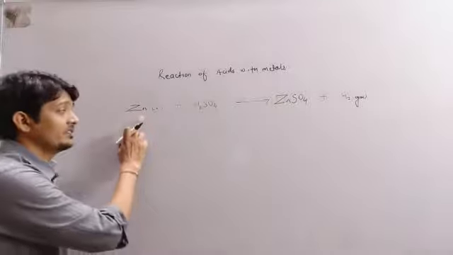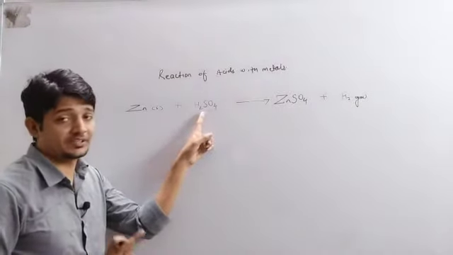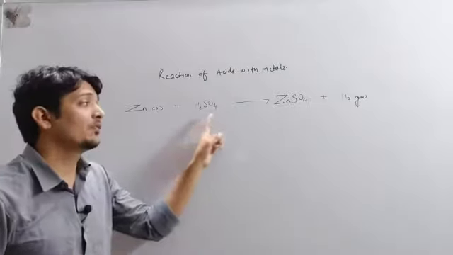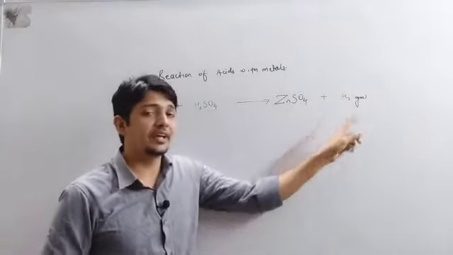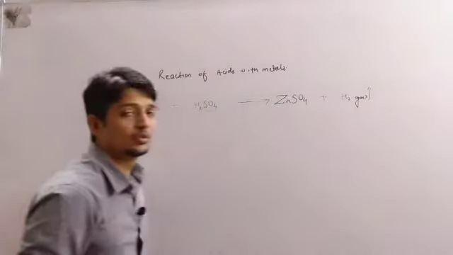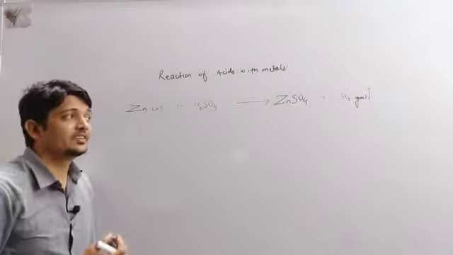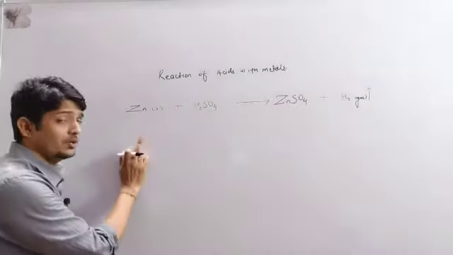So we can say zinc reacts with sulfuric acid to form zinc sulfate, which is the metallic salt, and hydrogen gas is released. Okay, so you have to show the arrow. The arrow represents the release of hydrogen gas. Now we have to write the names.